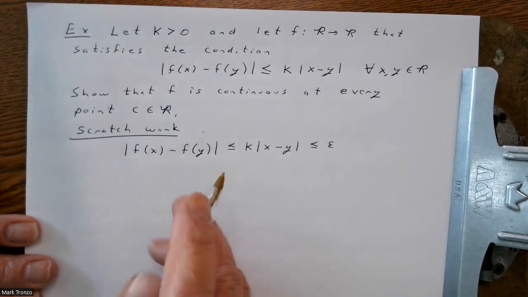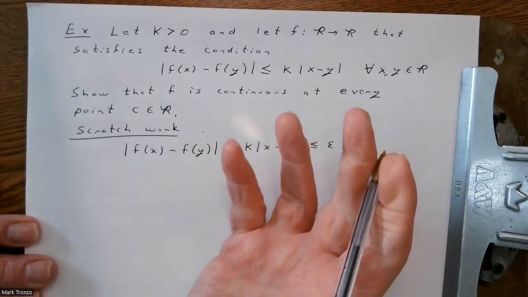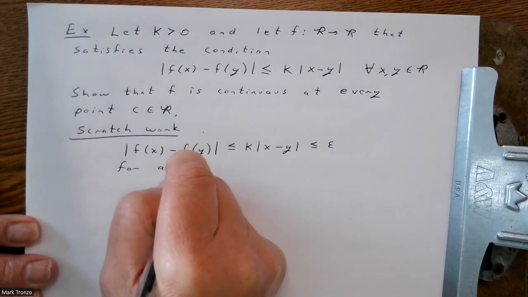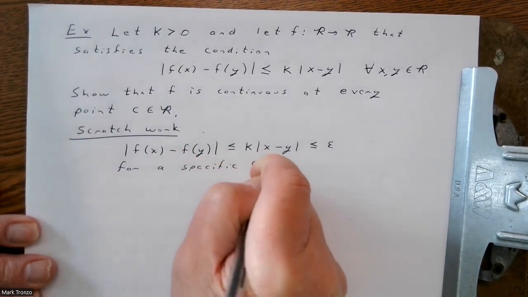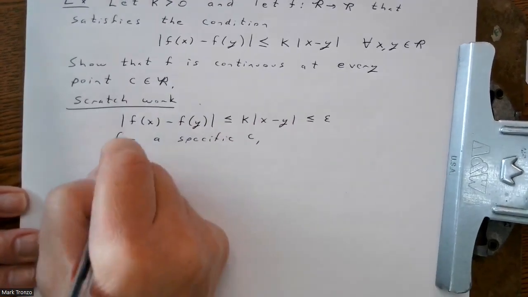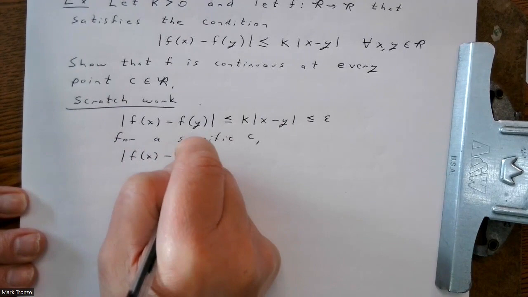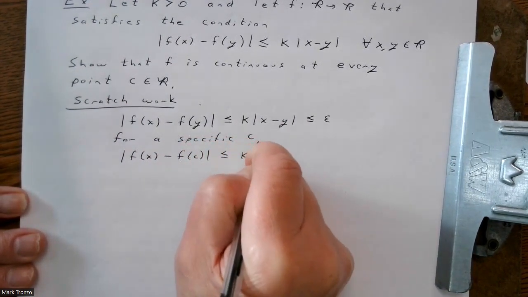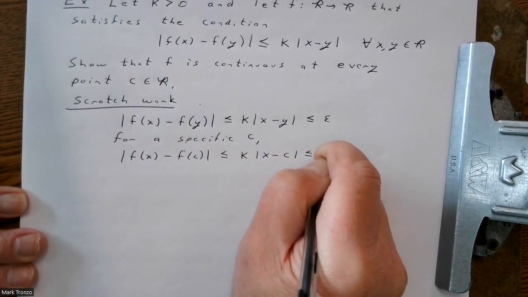So we can write that for a specific c, we'll have |f(x) - f(c)| less than or equal to K|x - c|.